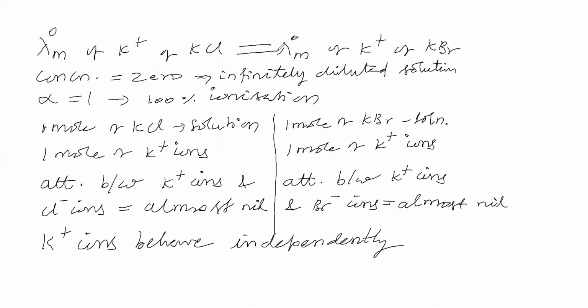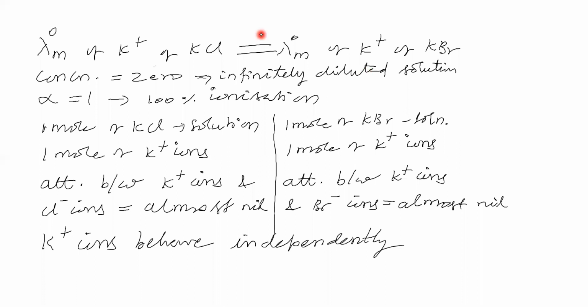So from this we can come to the conclusion that when the concentration is zero, that is, when the solution is infinitely diluted, lambda m naught of cation remains the same whatever the anion present in the solution. What is the conclusion we got? Lambda m naught of cation remains the same in the solution whatever the anion present.